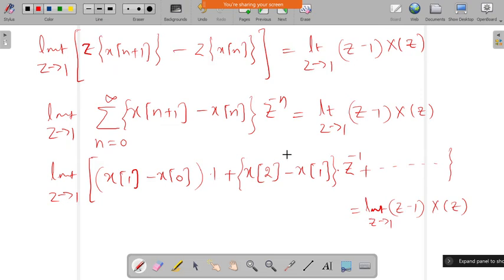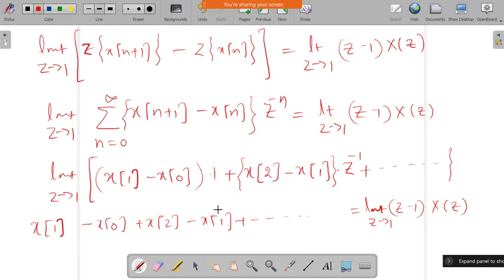Now you can see that even if I apply the limit z tends to 1, z^(-1) is also 1, z^(-2) is also 1, and even 1 power infinity is also 1. That means all the z terms become equal to 1. So we get x[1] minus x[0] plus x[2] minus x[1], and it goes on like this.